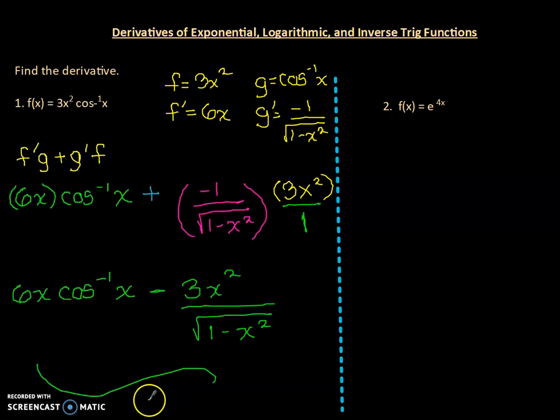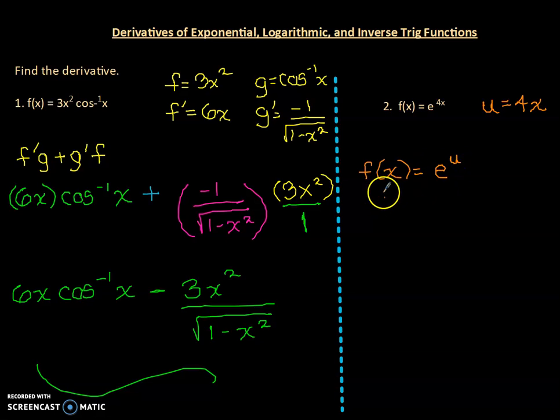Now for number 2, we have one of those issues where I could take the derivative of the exponential base e, and I could also take the derivative of its exponent. So I'm going to apply u substitution. That means I'm going to set u equal to 4x, and then write this function as e to the u power.